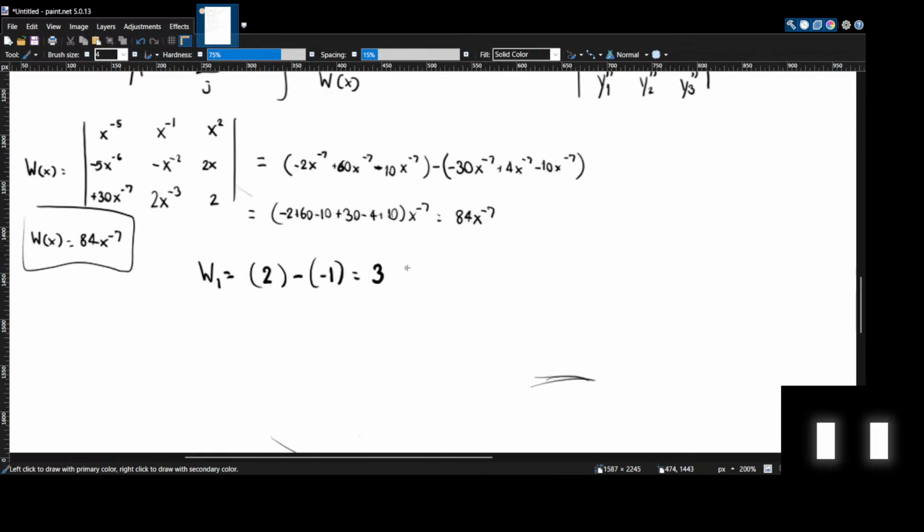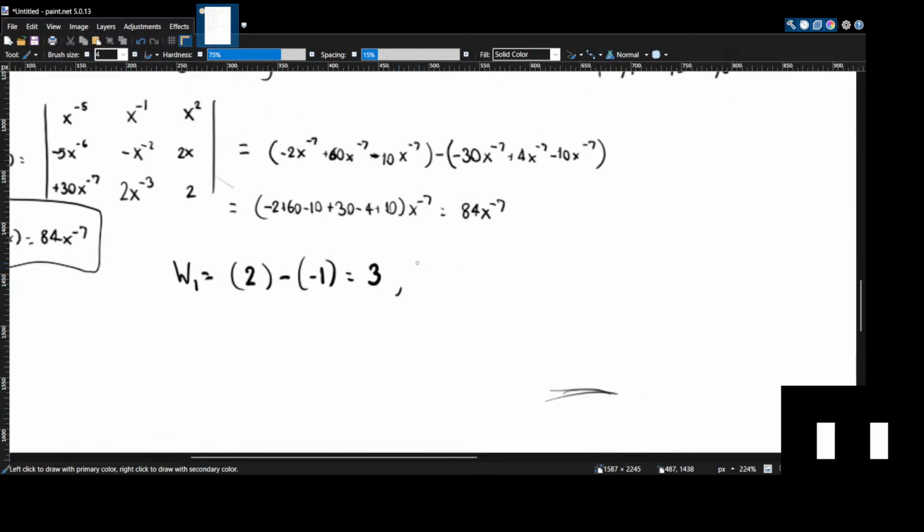Let's find w2. w2 here means that the middle column becomes 0, 0, 1 instead. Which means the only down diagonal that matters is x to the negative 5, x to the negative 6, and then 1 over here. So it would actually become x squared times that, which is negative 5x to the negative 4.